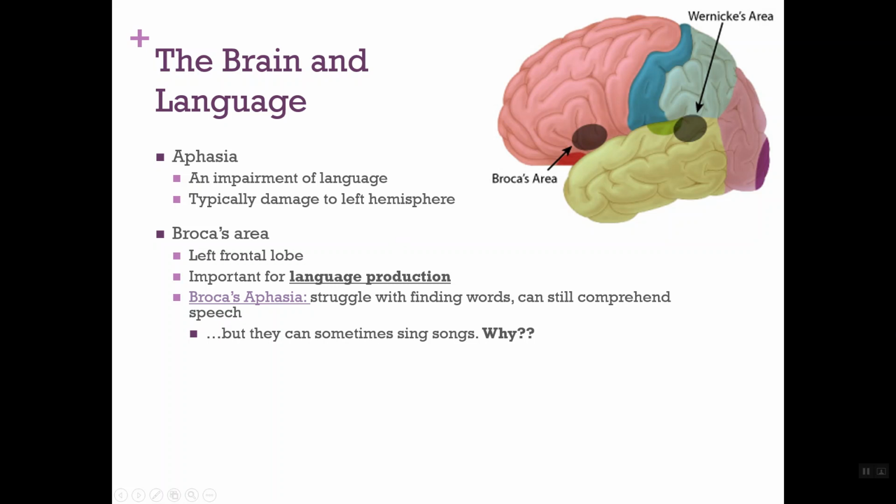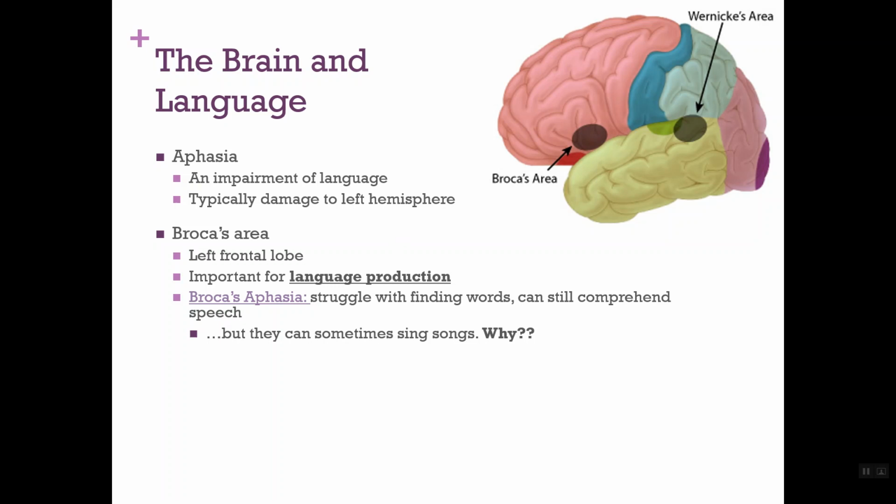Sometimes people with Broca's aphasia can sing songs and sing them fluidly, right? And this is at odds with what we know about Broca's aphasia. When you have damage to this area, like the individual in the video who unfortunately had a stroke that affected Broca's, some people can still produce these songs.